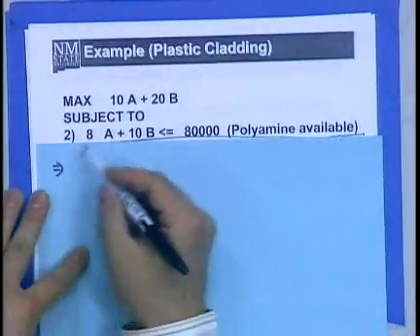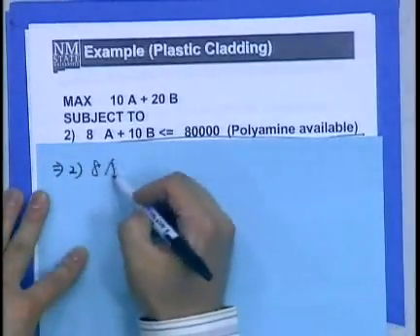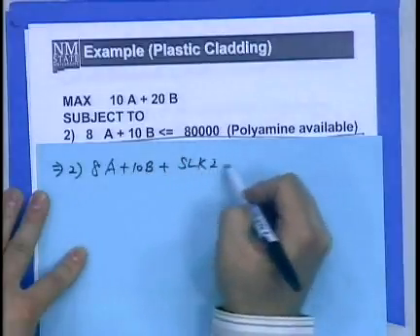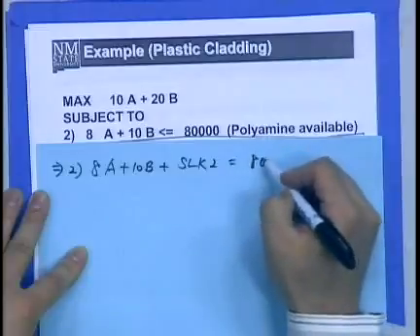Again, we can introduce slack variable for row number 2 to make equality constraint.